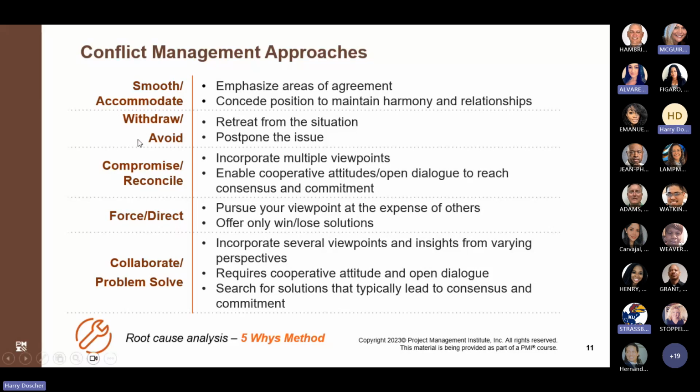Withdrawal, or avoiding an issue, is going to cause you problems going forward unless you do it in a very structured manner. Issues may be able to be postponed, but you've got to understand what's going on with the team dynamics.